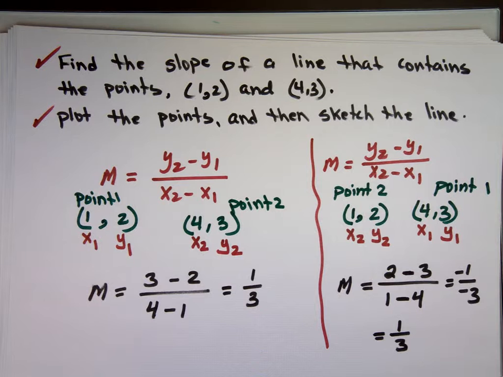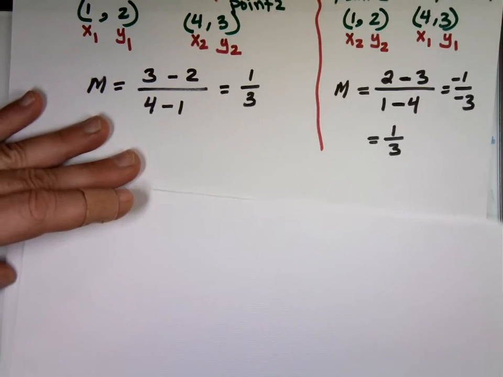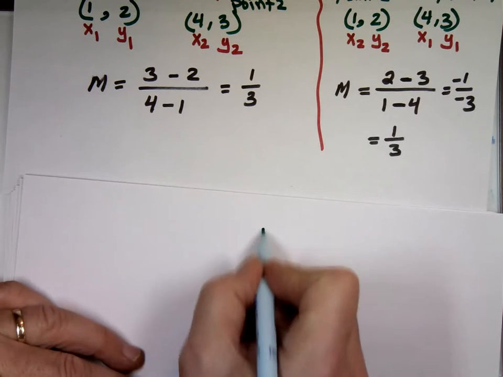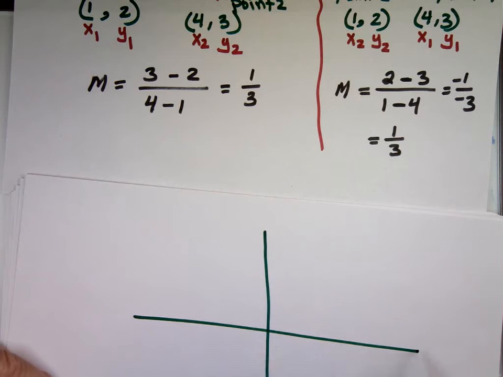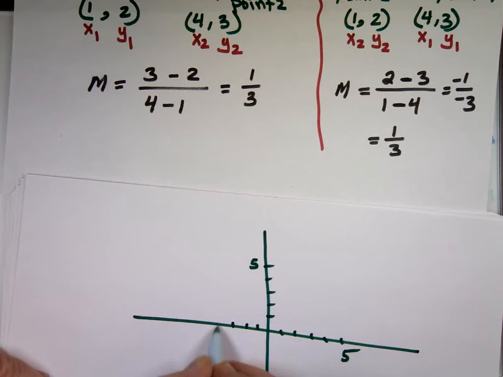Let's plot them. 1, 2, 3, 4, 5. I'm not going to number them, it gets messy. 1, 2, 3, 4, negative 5.